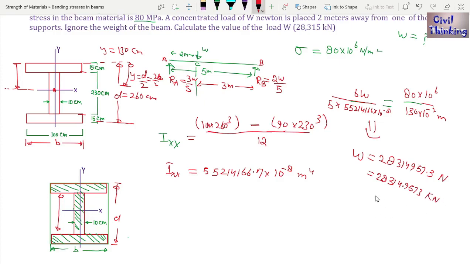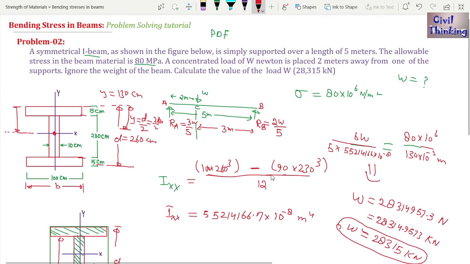Now when I round it off, it is going to be 28315 kilonewton, approximately. Here we find the value of W to be 28315 kilonewtons. And I guess the answer was also here, 28315 kilonewtons. So again, our value is correct.